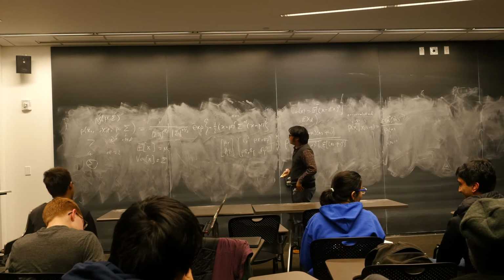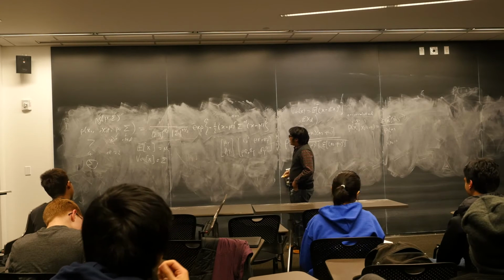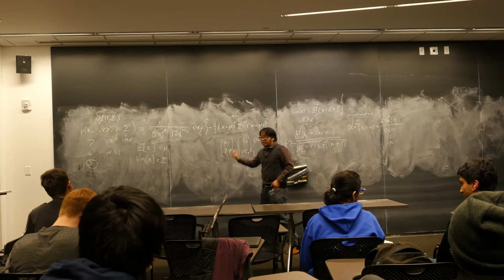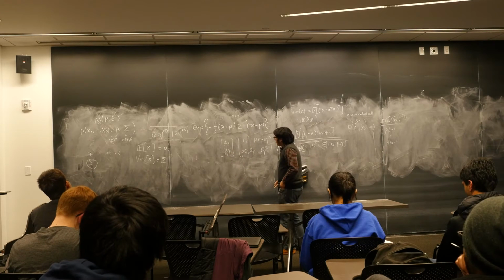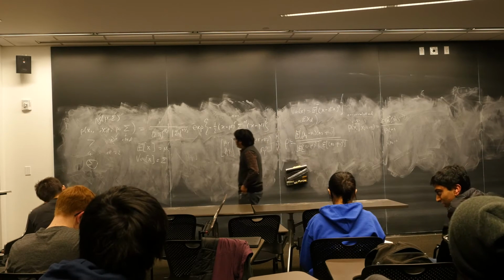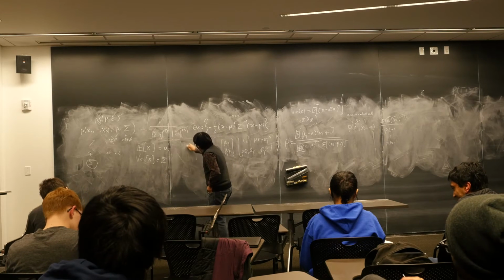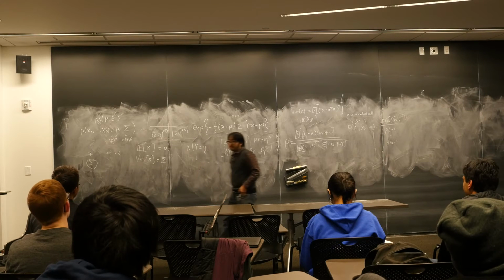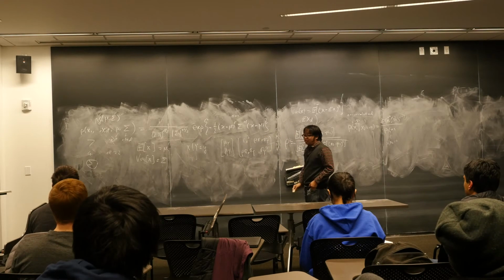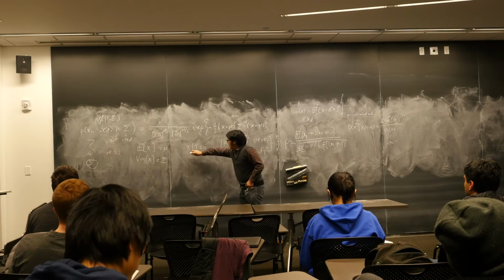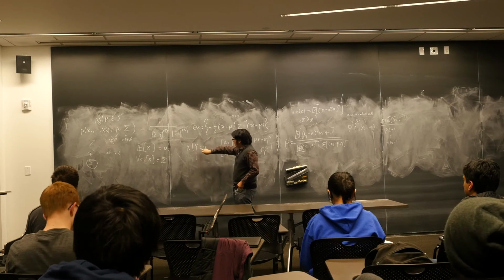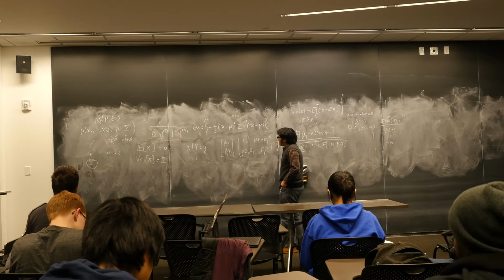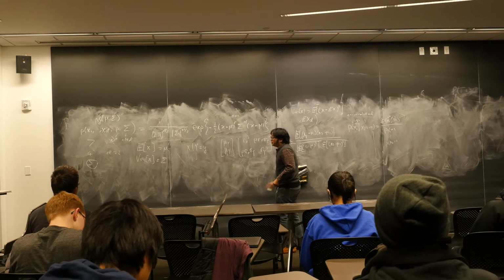Another property is that the conditional distribution of a multivariate Gaussian is still a multivariate Gaussian. Let's say we are interested in this distribution: what would be the distribution of x conditioned on y equals small y? This is still a Gaussian distribution, and actually we have a formula for this.